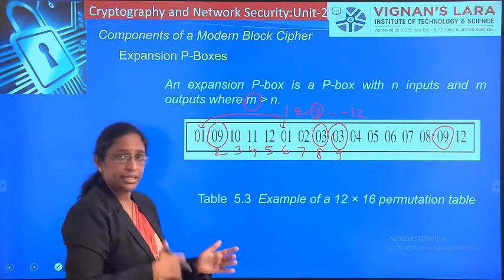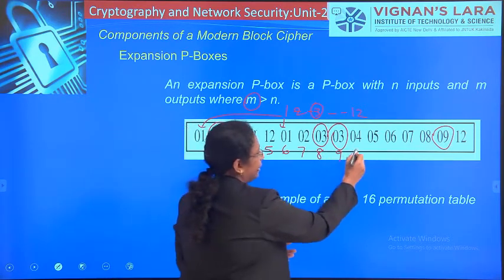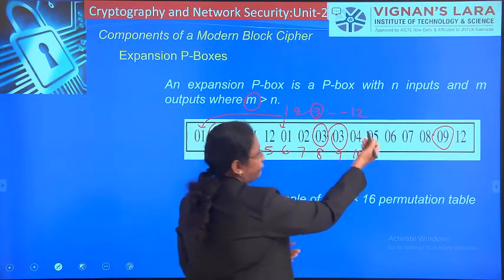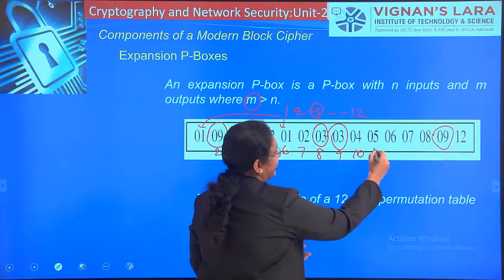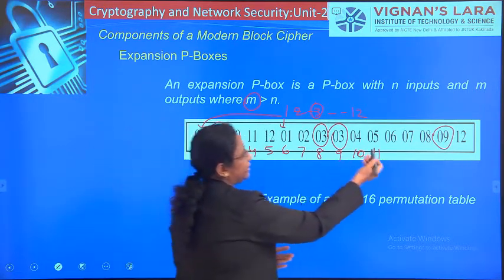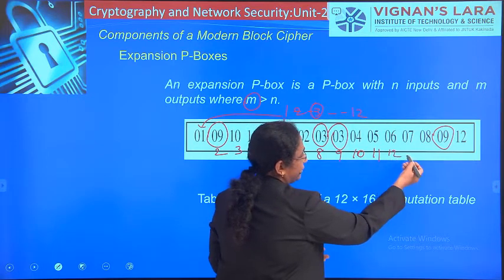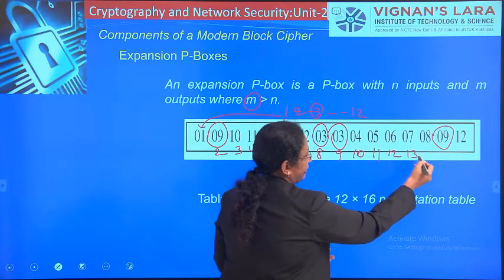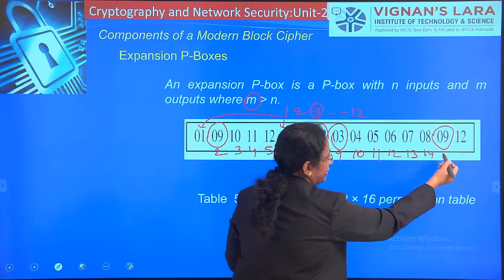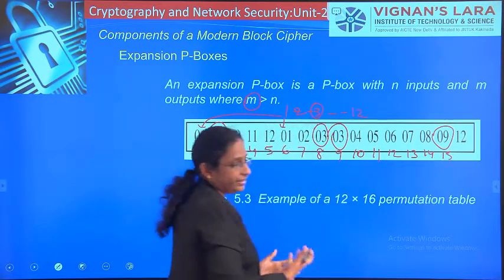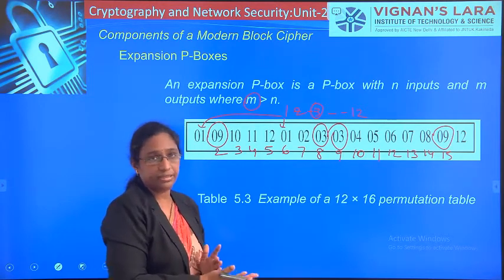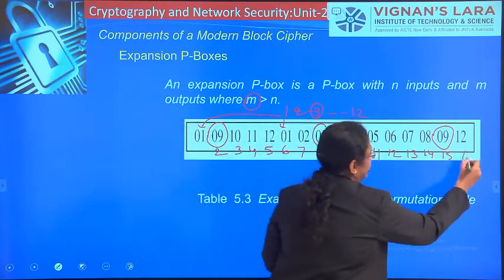The 10th bit is your 4th bit. The 5th bit of your plain text will become the 11th bit, the 6th bit will become your 12th bit, the 13th bit is the 7th bit, and the 14th bit is your 8th bit. The 15th bit is again the 9th bit; we are repeating the 9th bit as the 15th bit. So again you will get the 16th bit.